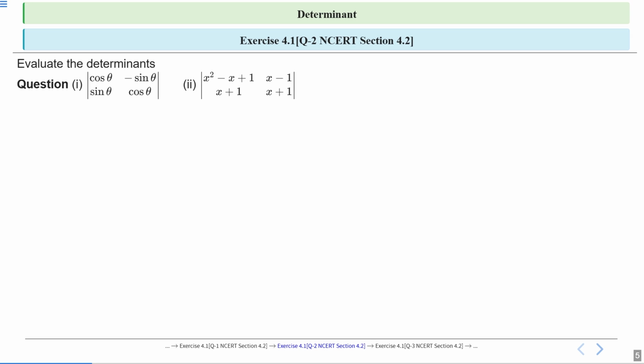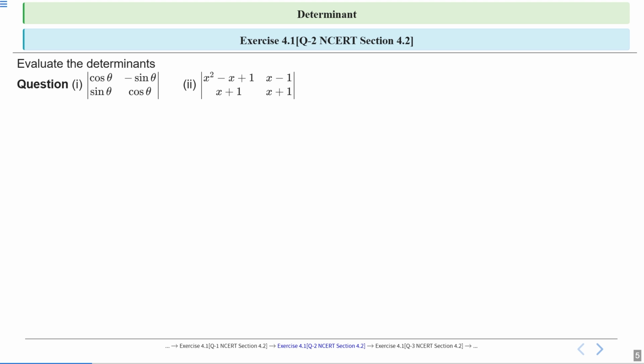Now, the second question is we have to calculate the determinant of two matrices of order 2 cross 2. The first has entries cos theta, minus sin theta, sin theta and cos theta. And the second is also a matrix of order 2 cross 2 with entries x square minus x plus 1, x minus 1, x plus 1, x plus 1.